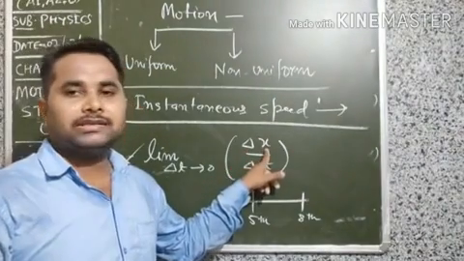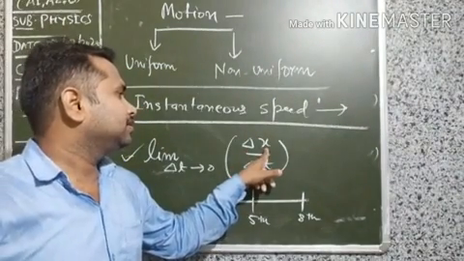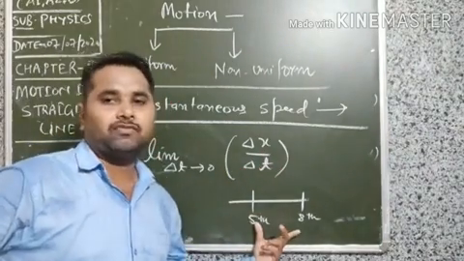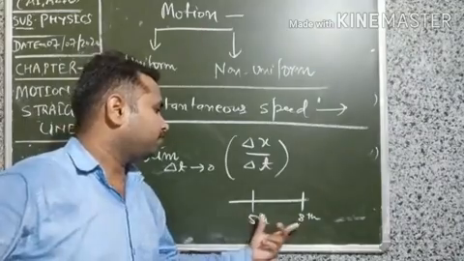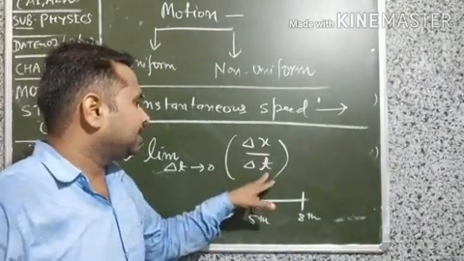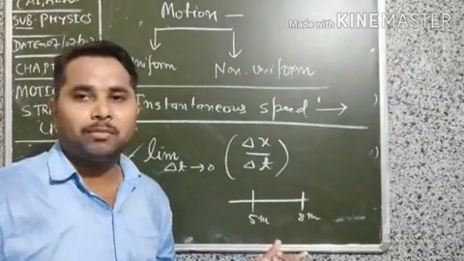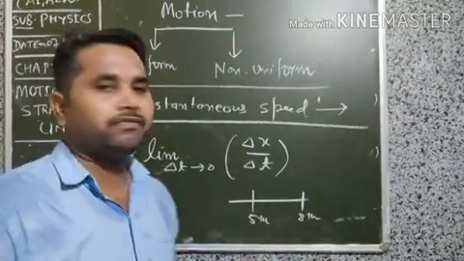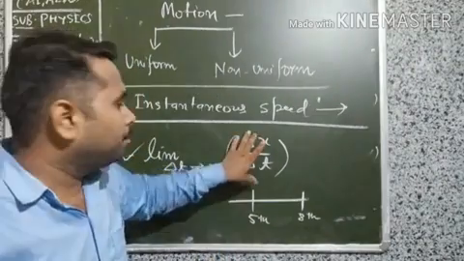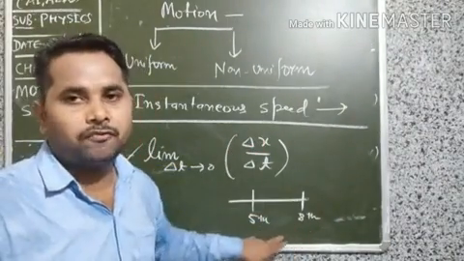Suppose delta x is the distance covered by the body in this interval of time only. 5 to 8 second के बीच में distance चला है delta x, and delta t is now, what is delta t? Time interval, that is 8 minus 5, it is 3. So this is the average speed between this interval of time.